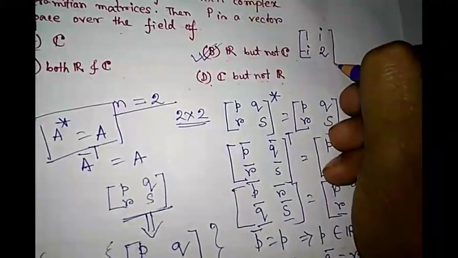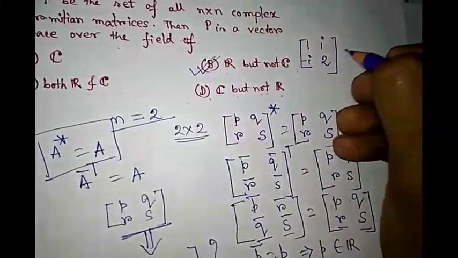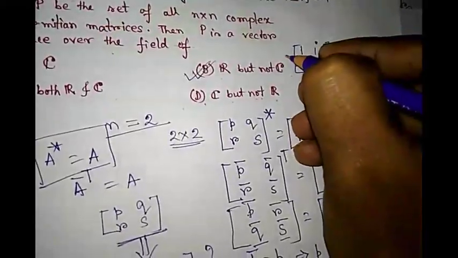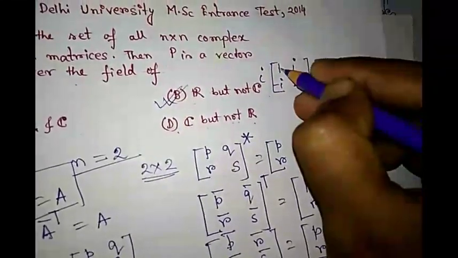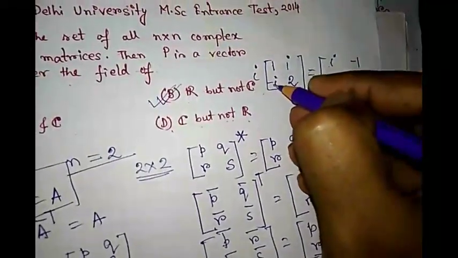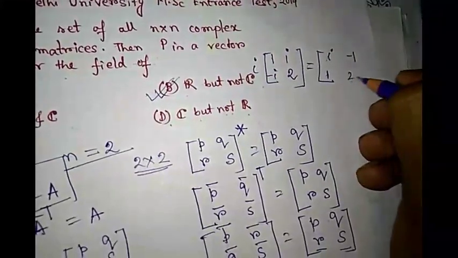Now multiply this matrix by a scalar i, chosen from C. What will it be? It will be i, i squared which is minus 1, minus i squared which is plus 1, and 2i.